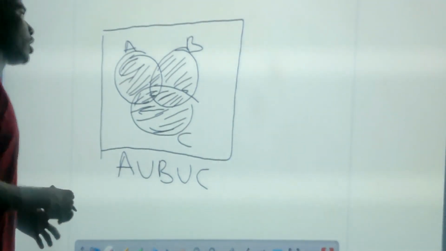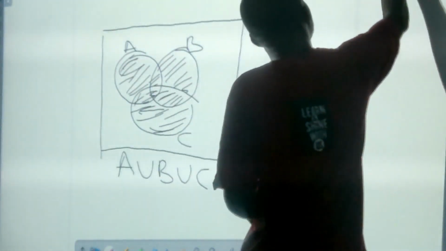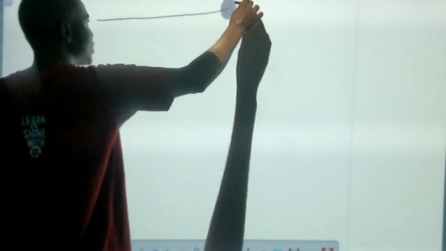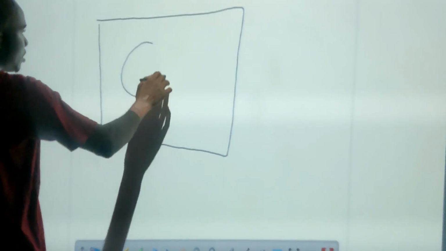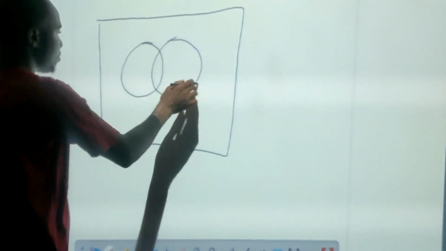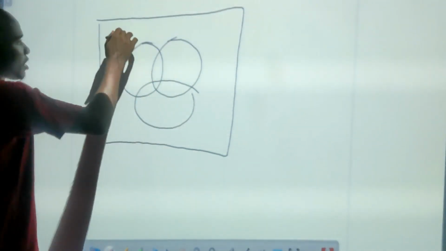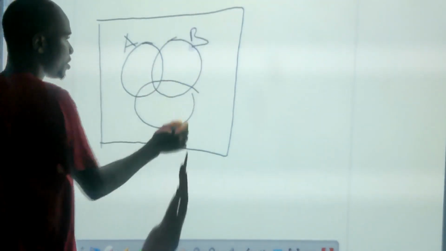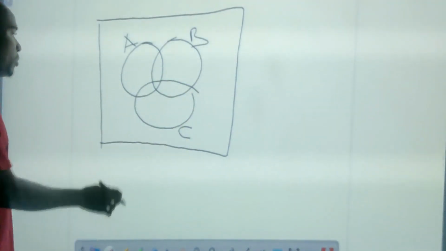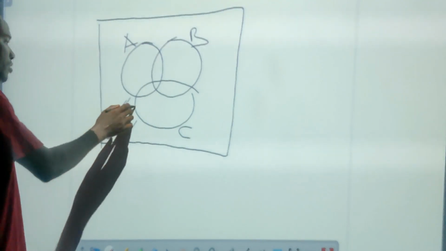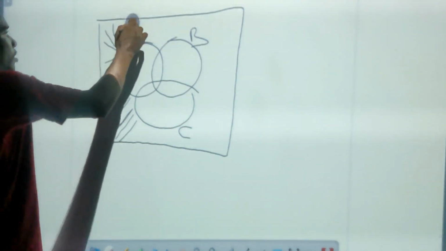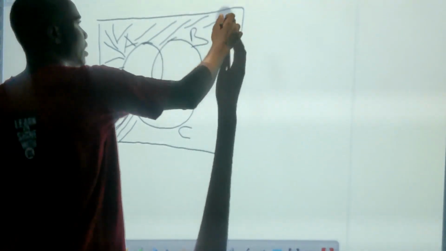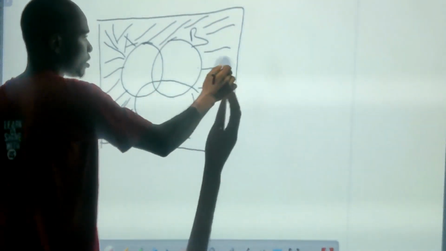So what we can talk about for a 3 set is, if this is defined in the 3 set, we have set A, set B, and set C. We now define the outside of the set, this way.